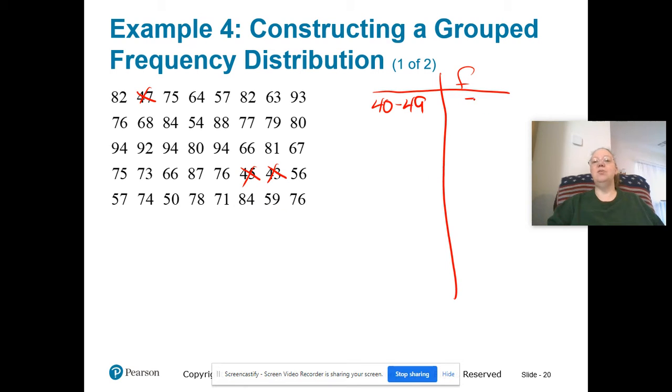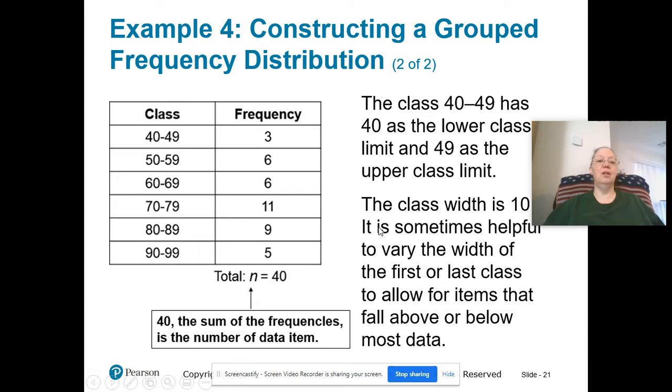All right, so I see 3 of them. And then we would have 50 to 59, and we would do the same thing. So any in the 50s: 1, 2, 3, 4, 5, 6, etc. All right, so we would finish that out, and it would look like this.